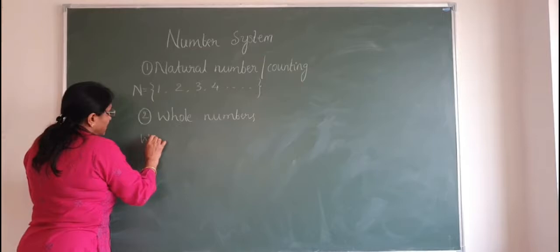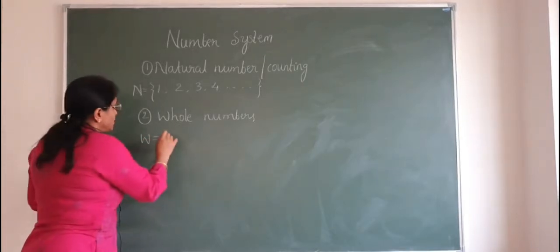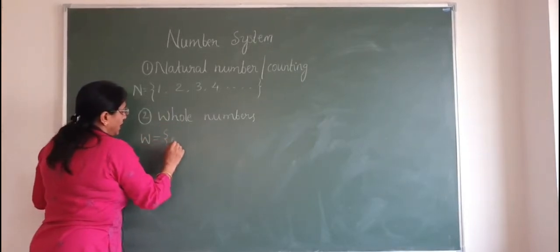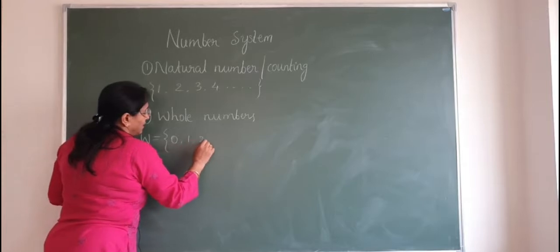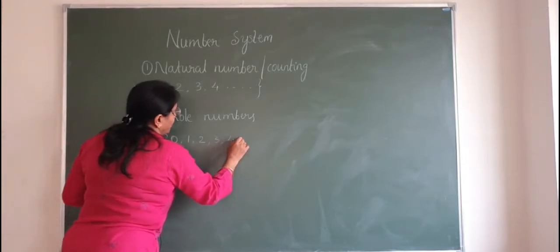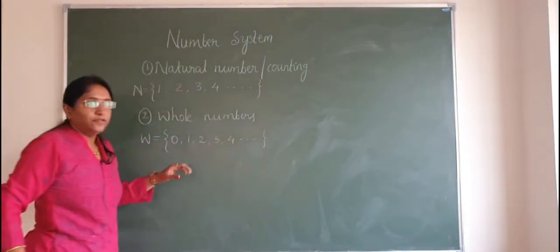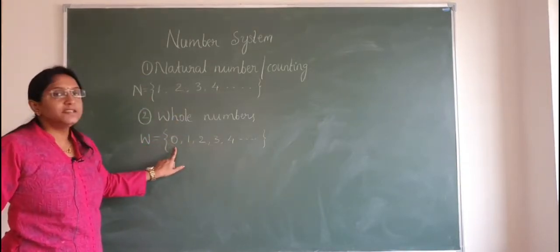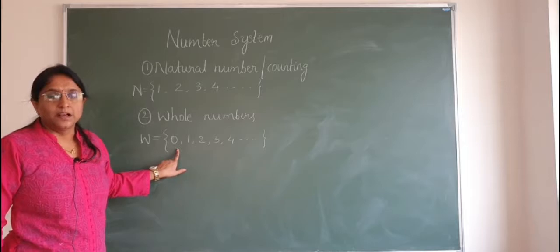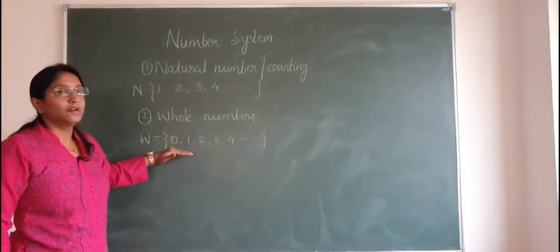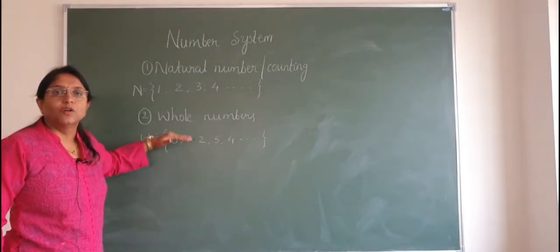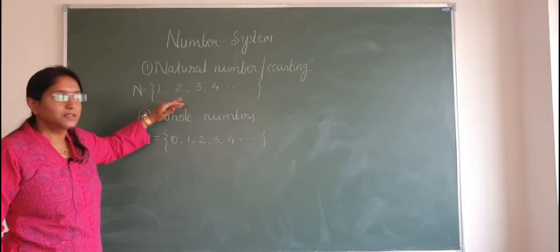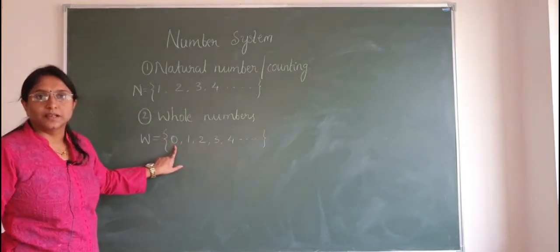It is represented by W. The difference between the set of natural numbers and whole numbers is that 0 is included in whole numbers. So all natural numbers are whole numbers, but all whole numbers are not natural numbers because 0 is there.